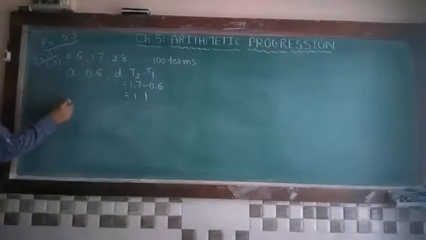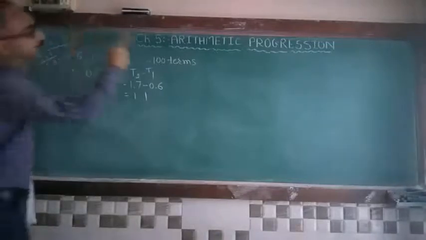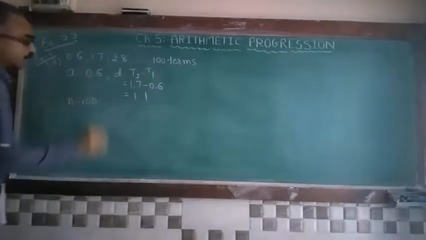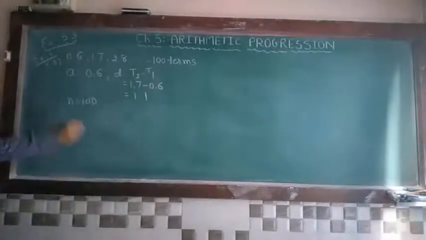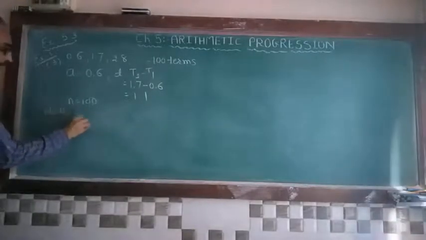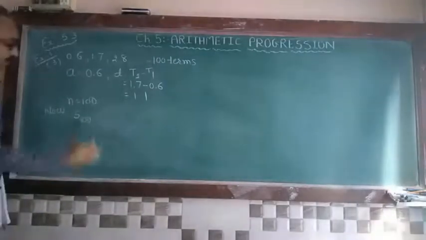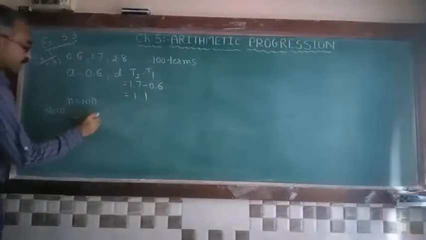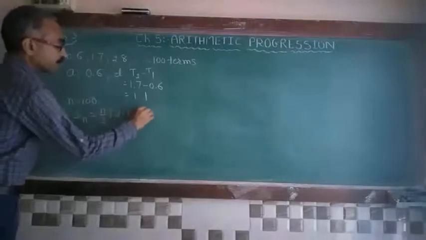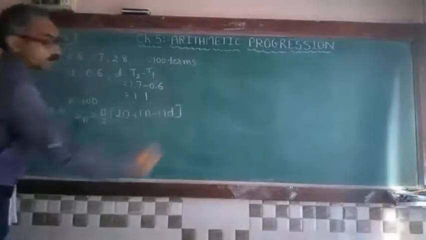Now n is given to you up to how much? 100 terms. So n is equal to 100. That is given to you. Now our formula, S100, Sn, or you can write first formula Sn is equal to n by 2 into twice a plus n minus 1 into d.